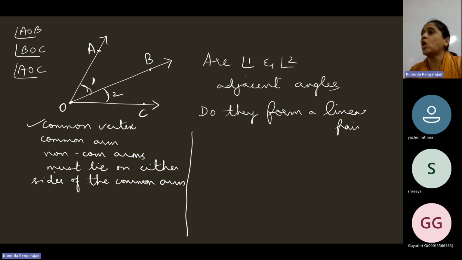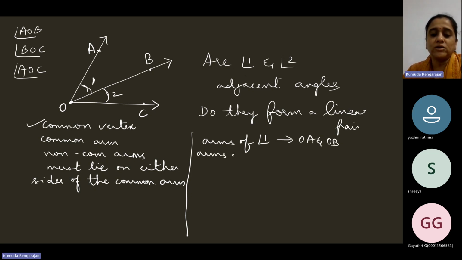Now, do they have a common arm? Which are the arms of the angle AOB? An angle has two arms. OA and OB are the arms of angle 1.